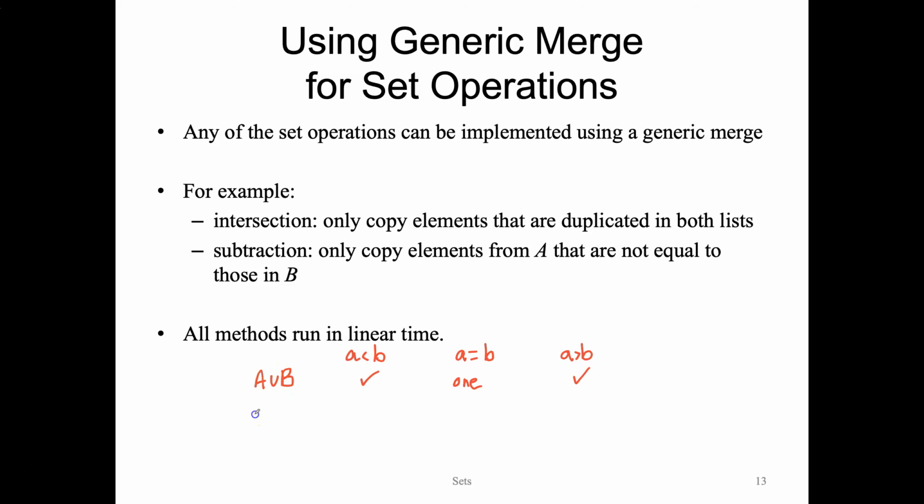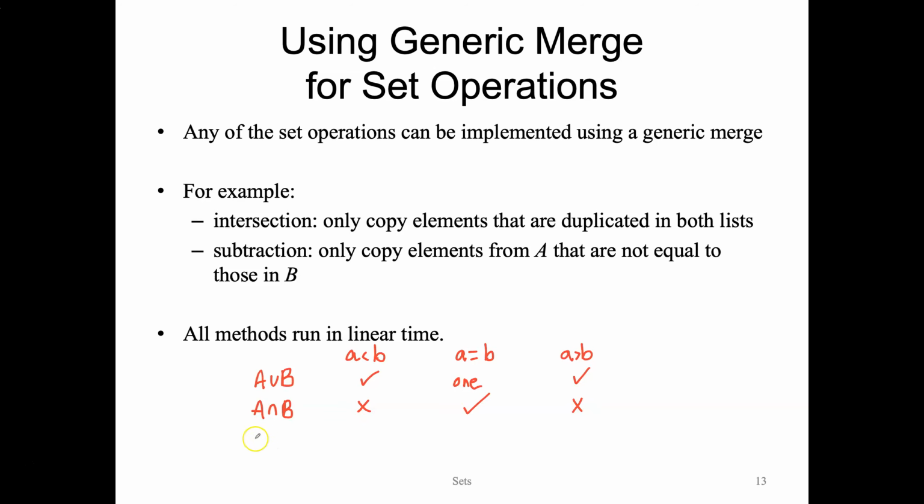And with intersection, the intersection of two sets, we only want to include items which are in both of them. So if we find some element which only belongs to A, so A is the smaller one, then we don't include it. But if it belongs to both of them, we include it. And if it belongs to only B, we don't include it.